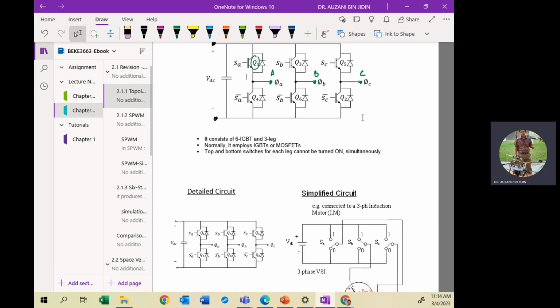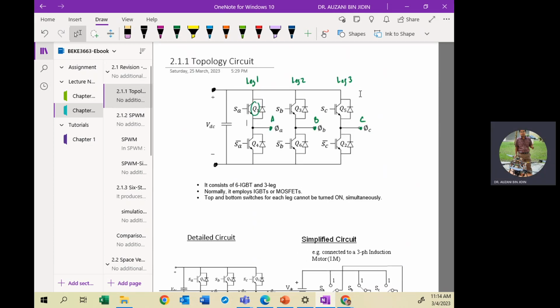Off is okay, but turning both on cannot, because it will provide a short circuit. So you can notice here when Q5 is on and Q2 is on, then with 1000 volt here, it will short and damage your IGBTs. In leg 3, Q5 and Q2.